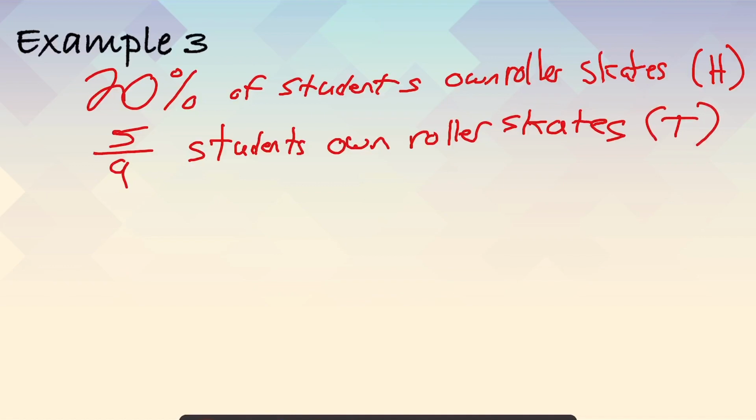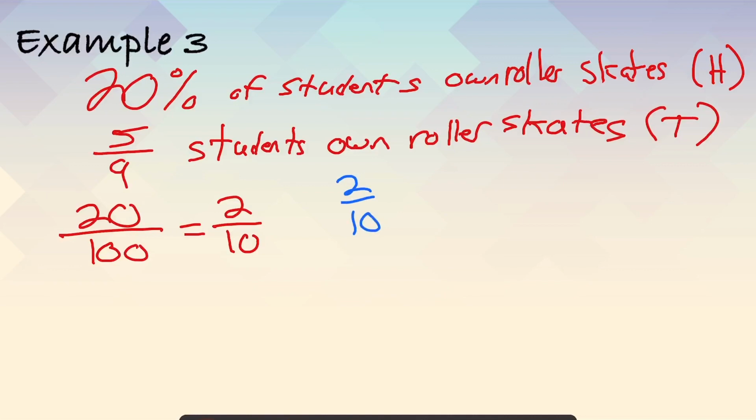Think 20%, that's 20 hundredths. Okay, so 20 over 100, we can simplify that by dividing 10 out from the numerator and denominator, and we get 2/10. So now we're comparing 2/10 and 5/9.